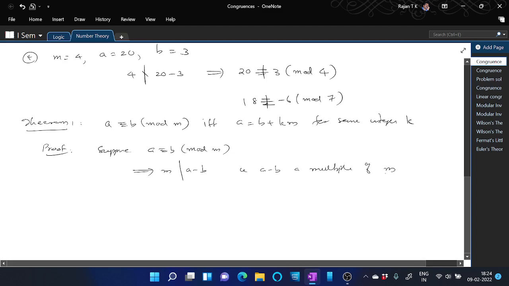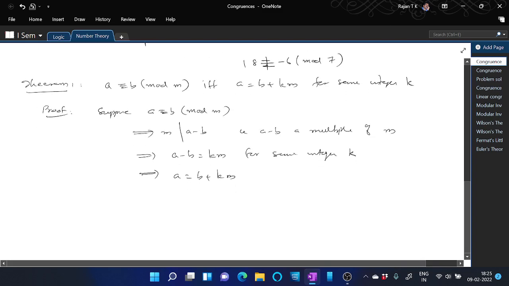Any multiple of m is of the form km. So this implies a minus b is equal to km for some integer k. That is, a is equal to b plus km. And the converse is also true. We just reverse these steps.